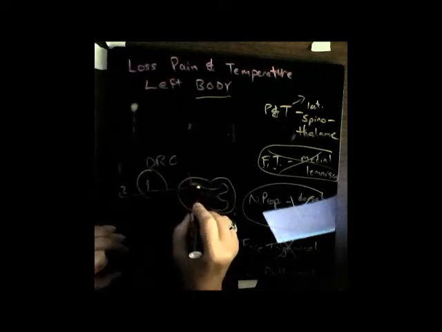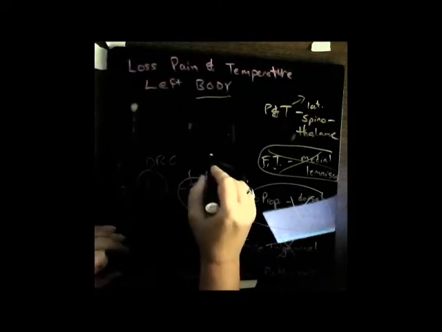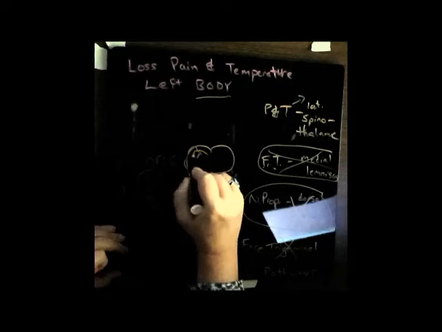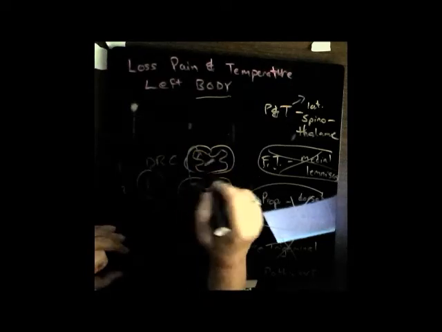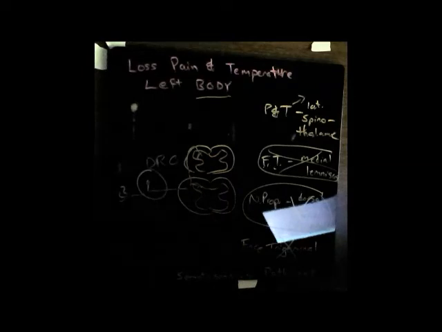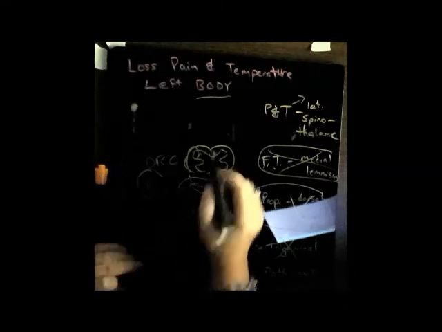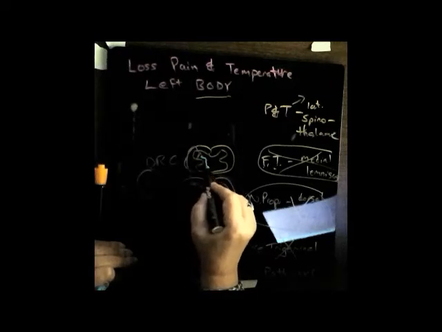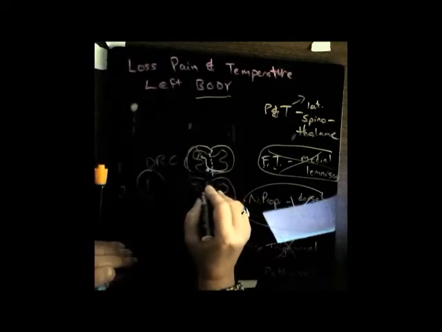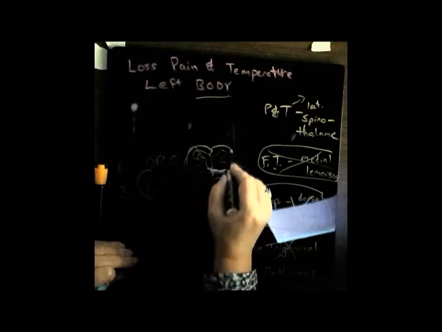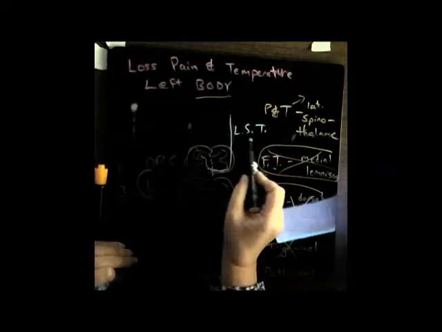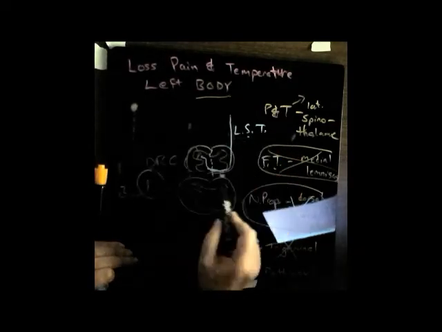Some of them will send some segments to another level, and then they're going to synapse in that dorsal horn, on that second order neuron. This is the second order neuron in the pain and temperature pathway within the dorsal horn of the spinal cord. Remember, its axon will cross the midline in the ventral white commissure, and it'll come over to this location, and now it's called the lateral spinothalamic tract. Coming from the spinal cord going to the thalamus, lateral spinothalamic tract.